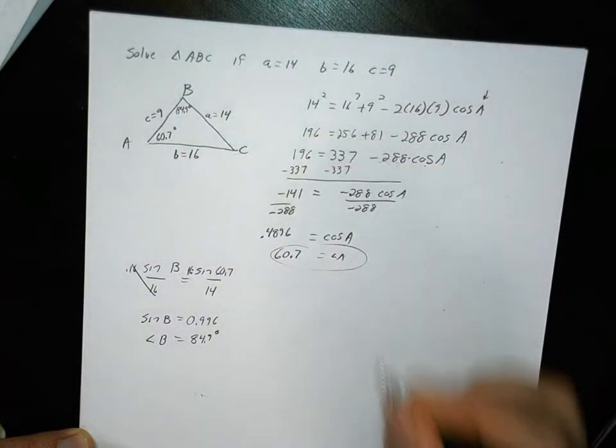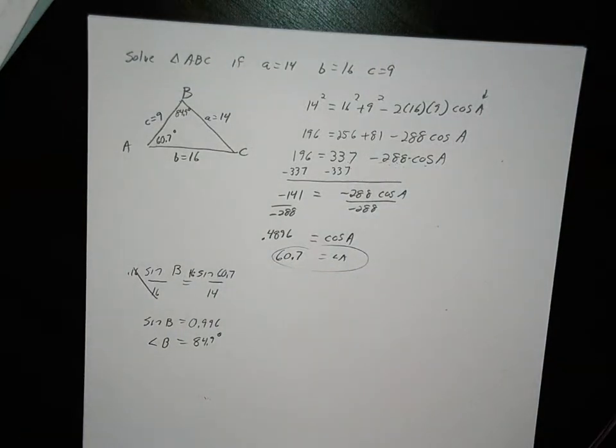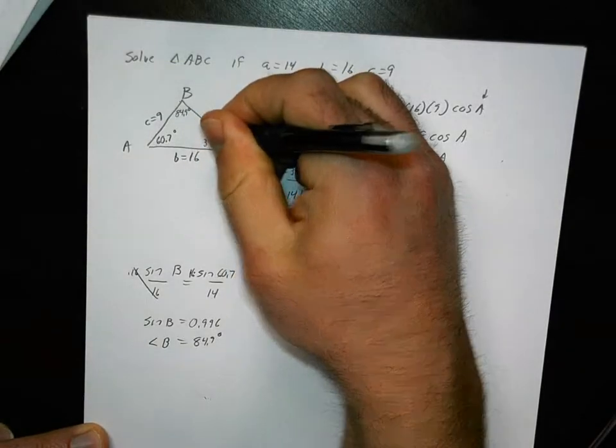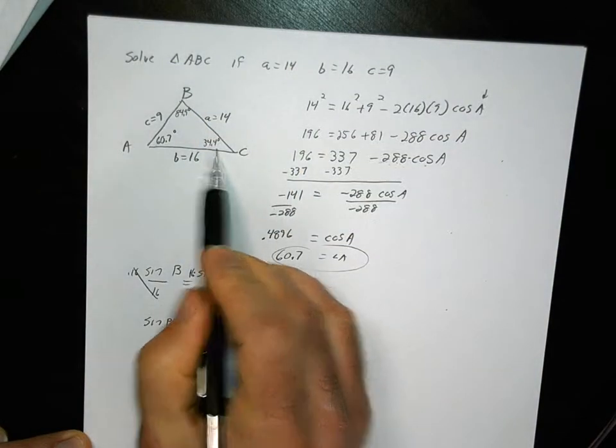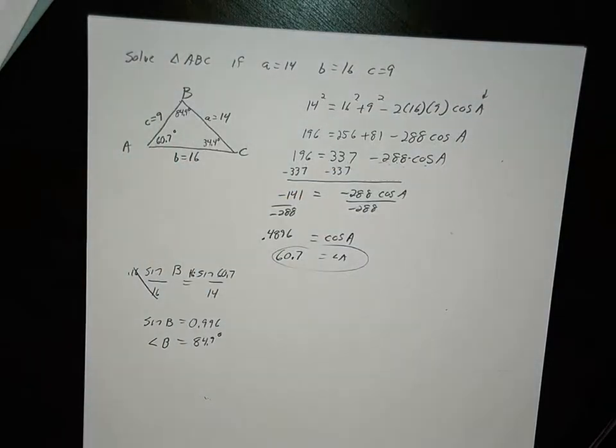And then finally angle C, I can just subtract those from 180. That gives 34.4 degrees. Now make sure and look and make sure the smallest angle is opposite the smallest side, the biggest angle is opposite the biggest side. It looks like it is there.